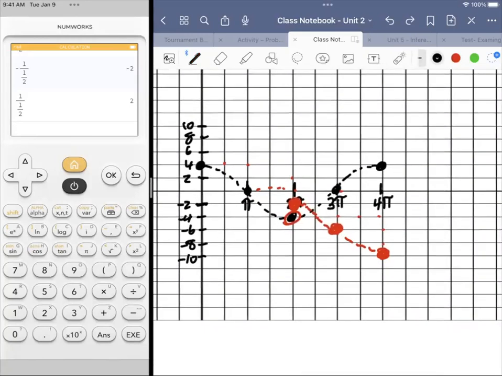So if I know that this is my lowest point, then this has to be the new midline at this location, and this has to be my new maximum. So if I use that trend, my next point would have to be over here, followed by over here. So it would have to look something like this.